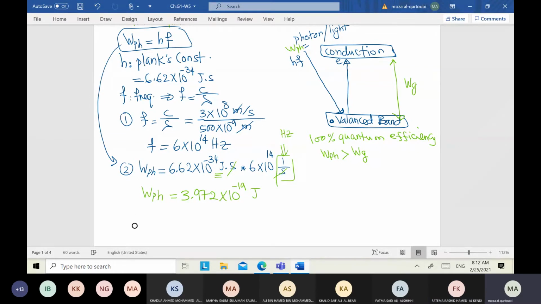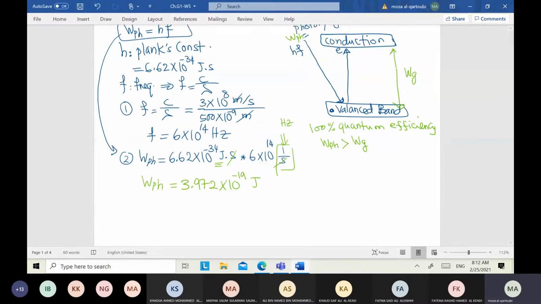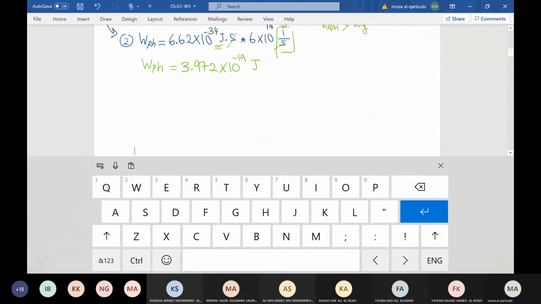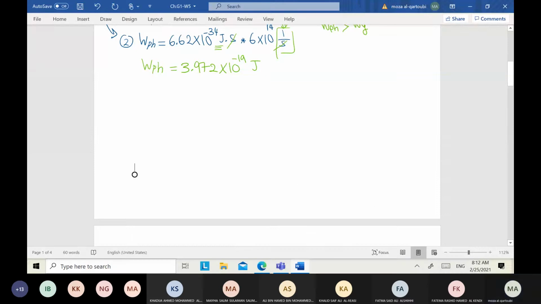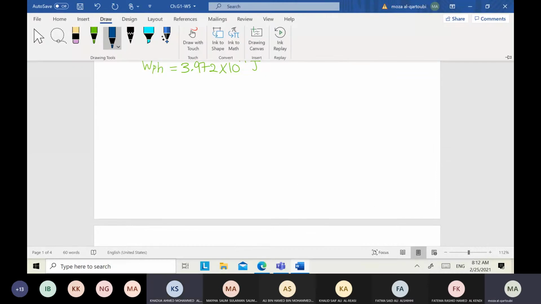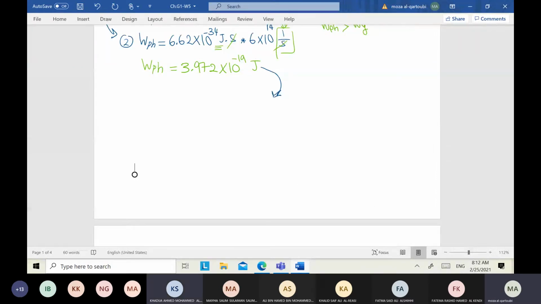So this question asks us to find energy in kilojoule. So we found it in joule, so we need to change now joule to kilojoule. So from joule to kilojoule, we need to find now energy in kilojoule, so times 10 power minus 3.